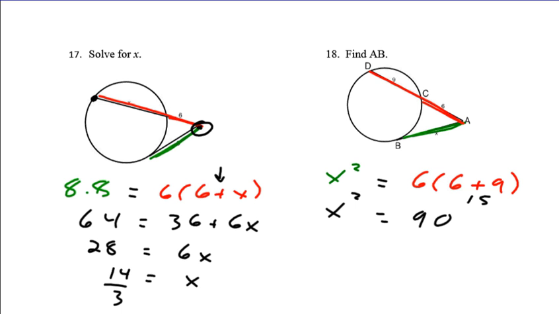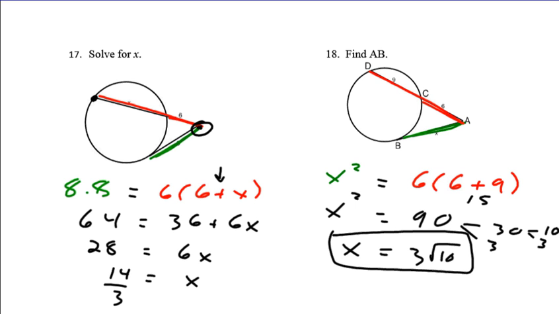X squared is 90. We can simplify that. 90 is 30 times 3, or 3 times 3 times 10, which means we have a pair of 3's that come out and the 10 that does not. Even though that's 2 times 5, that's not going to find any more pairs for us.